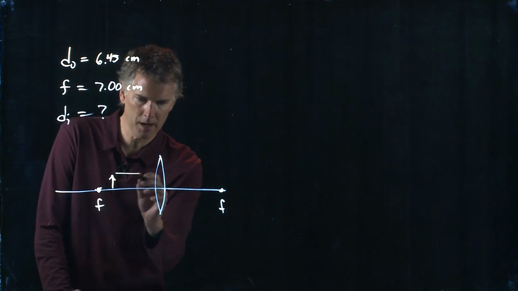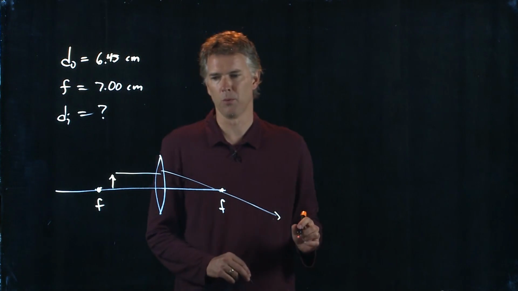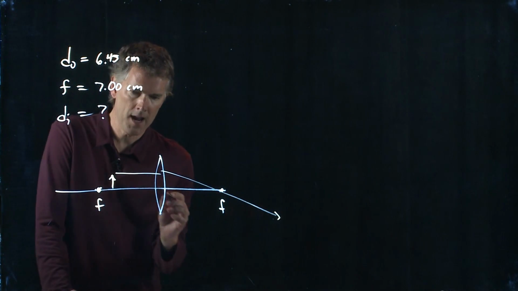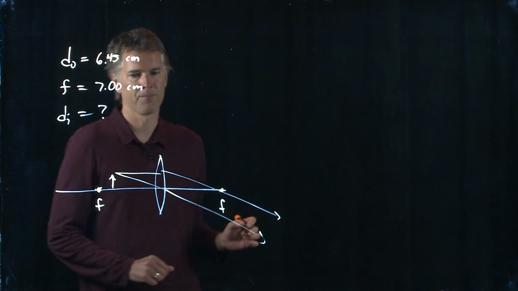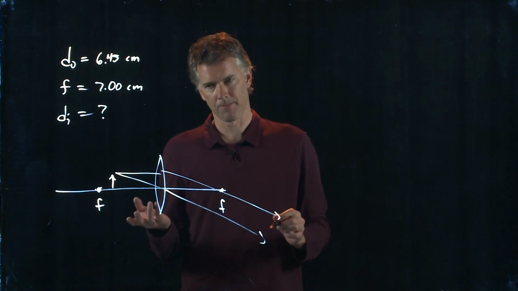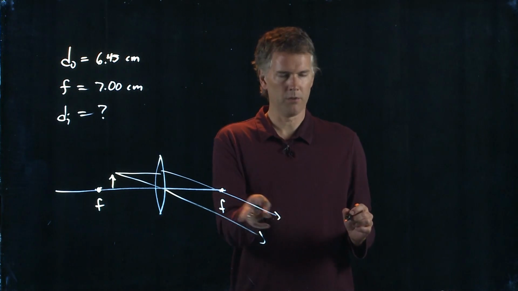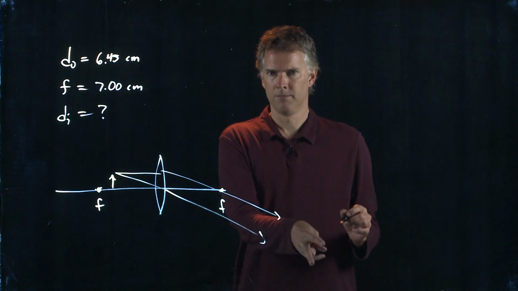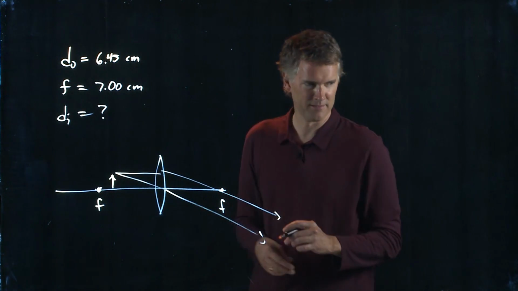So parallel rays go through the focus. That's rule number 1. Rays through the center don't bend. That was rule number 3. Do those two rays ever meet over here? Dave says no. Anybody else?